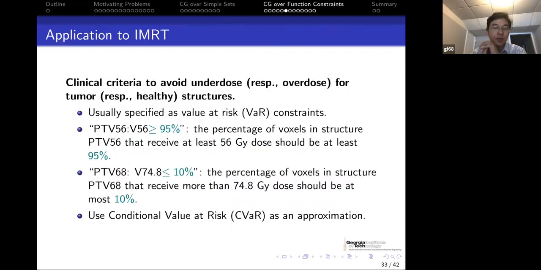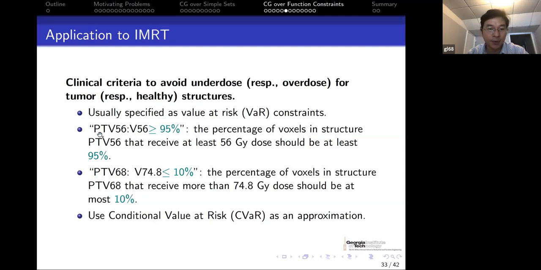Then we decide to apply these algorithms to the IMRT problem. We introduced a basic formulation of IMRT before, but in reality, we need to have more constraints. The clinical criterion for IMRT is usually stated as a dose-volume risk constraint.